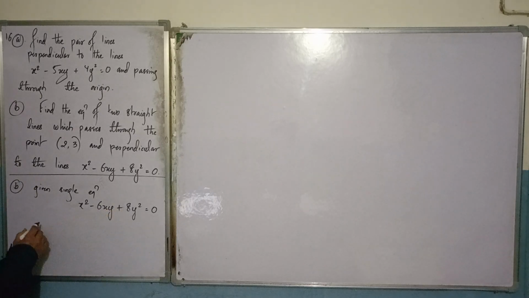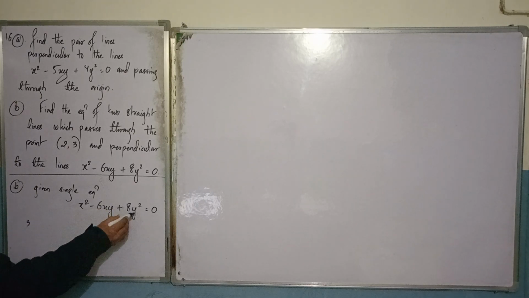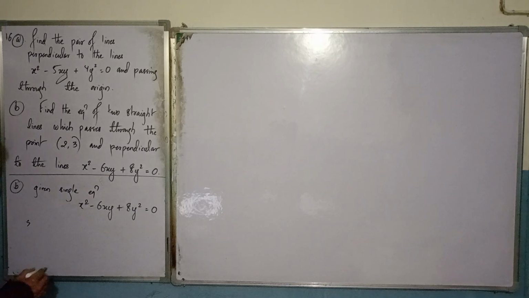Now we just factorize this first. Try to find separate equations at first, two equations of straight lines.